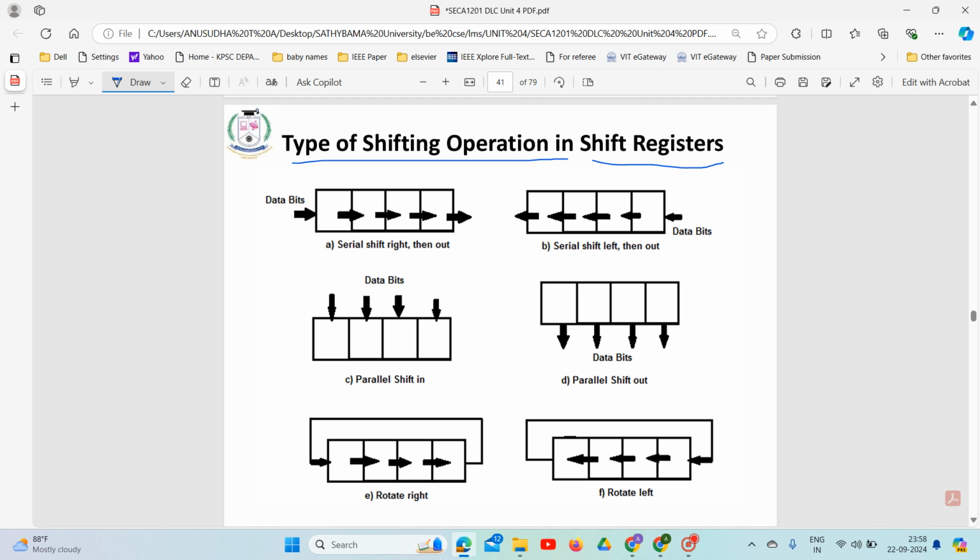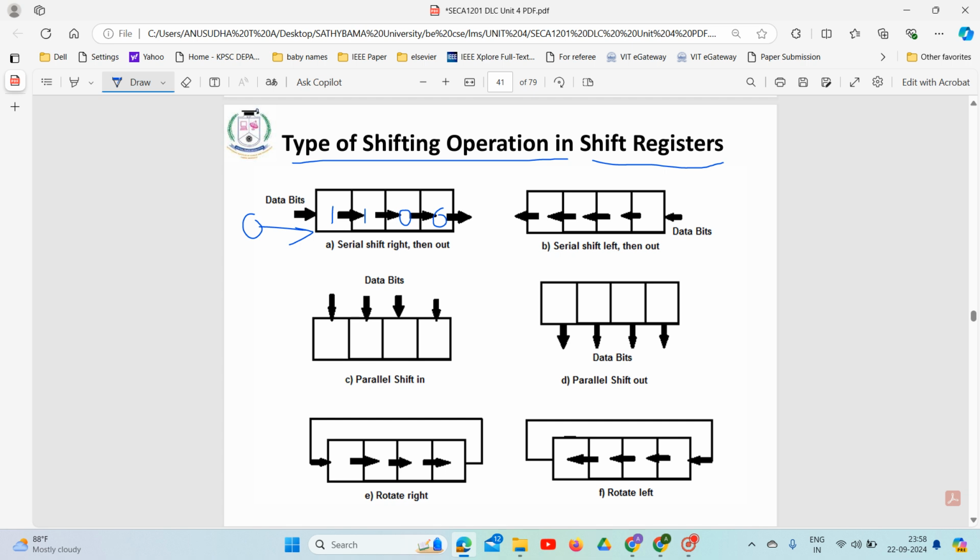The first one is the serial shift right, serial out. For example, if we have 1100, the first result is 0. Now I am introducing the new bit at the MSB side.